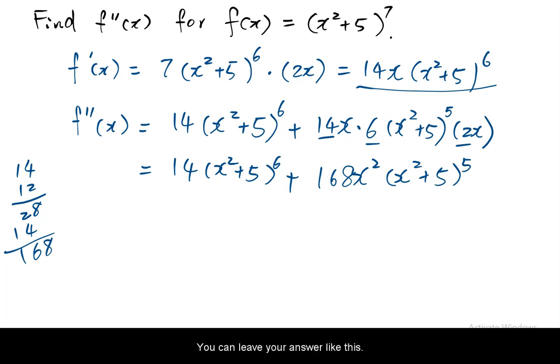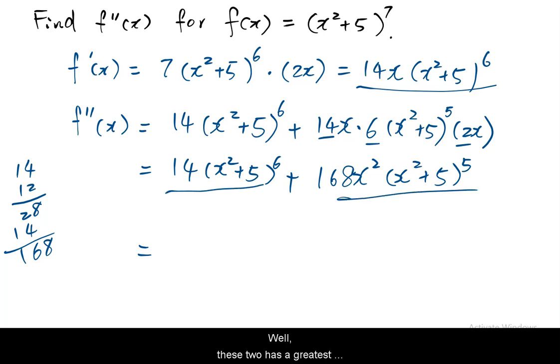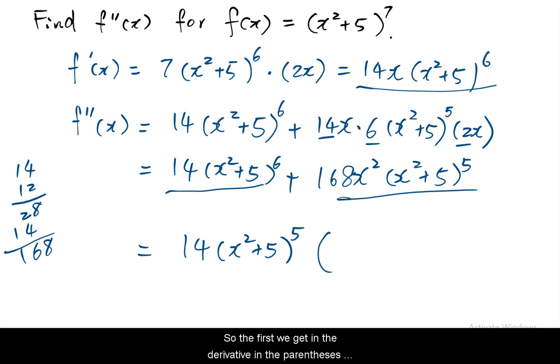You can leave your answer like this, or if you want to factor it further, well, these two have a greatest common factor, which is 14(x squared plus 5) to the 5th power. We can factor that out. So first we get in the parentheses x squared plus 5, right?